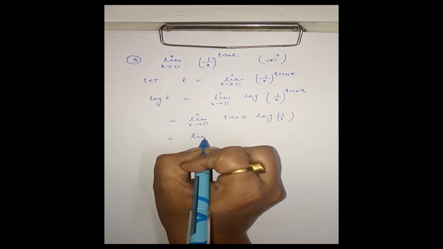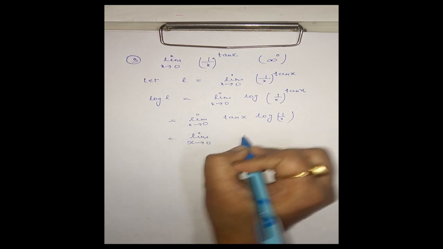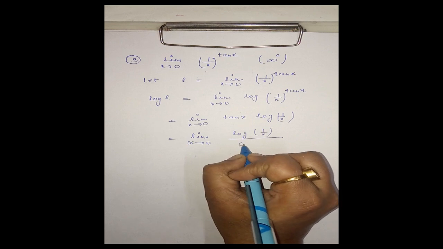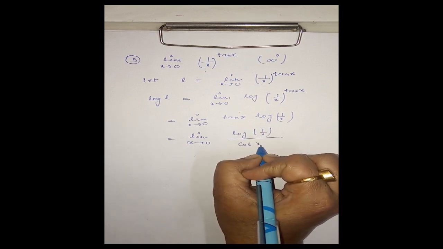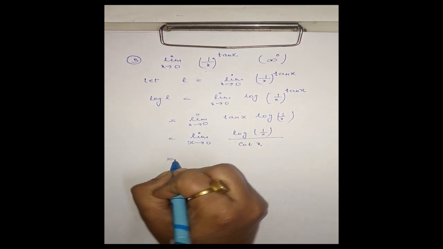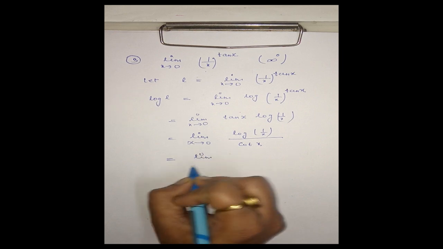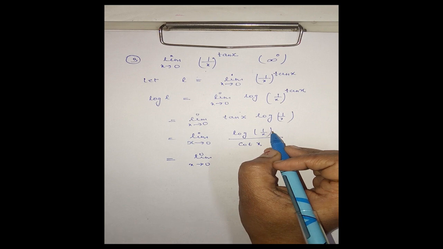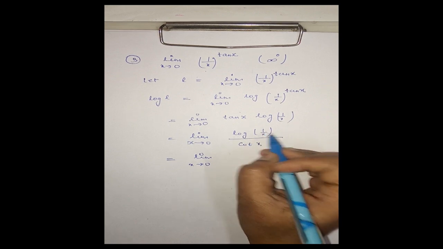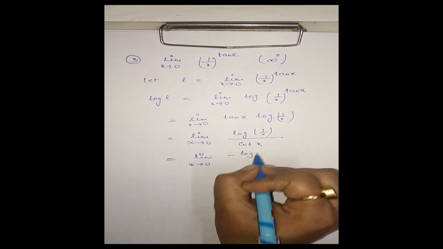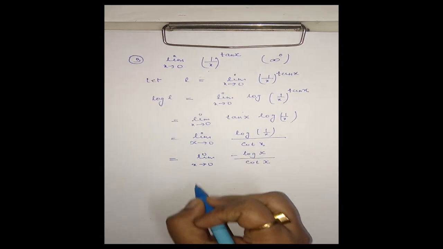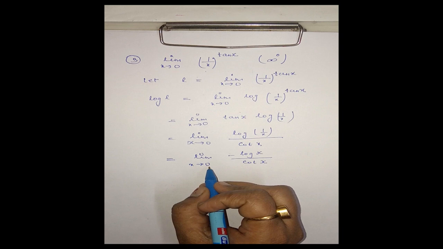This can be written as limit x tending to 0, log 1 by x divided by cot x. Now this can be further written as, this is log m by n form, means log m minus log n. Log 1 is 0. This is minus log x divided by cot x.